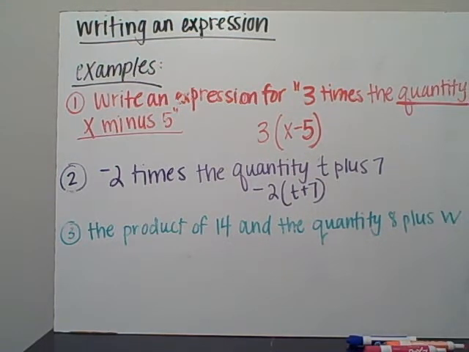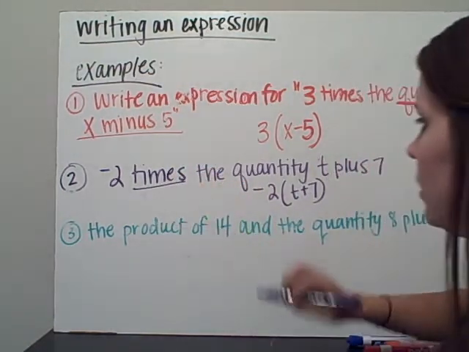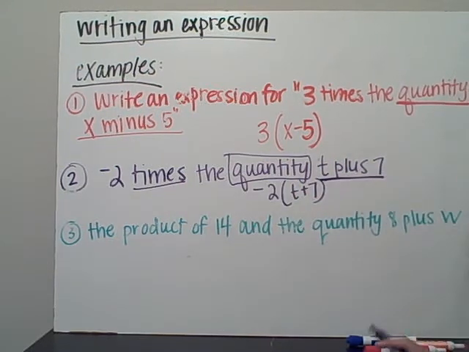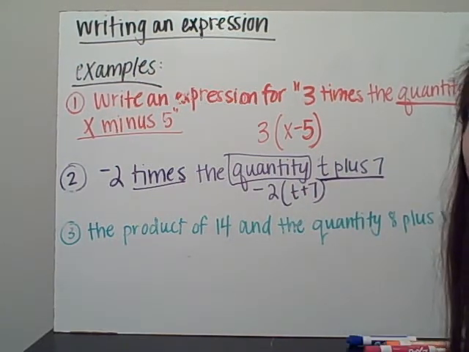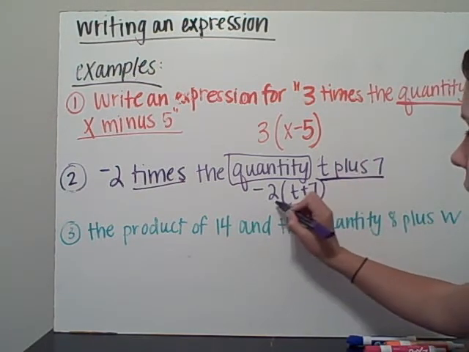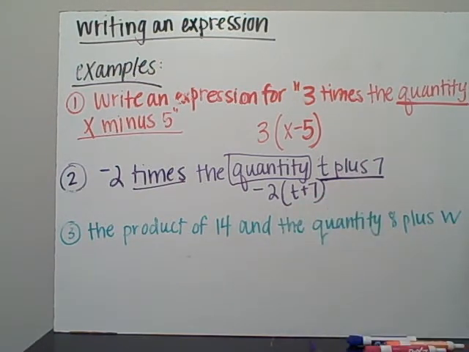Number 2, you have negative 2 times the quantity of t plus 7. That quantity, remember, means the parentheses. So t plus 7 is in parentheses, and that negative 2 is being multiplied by everything in that parentheses. Let's try number 3.